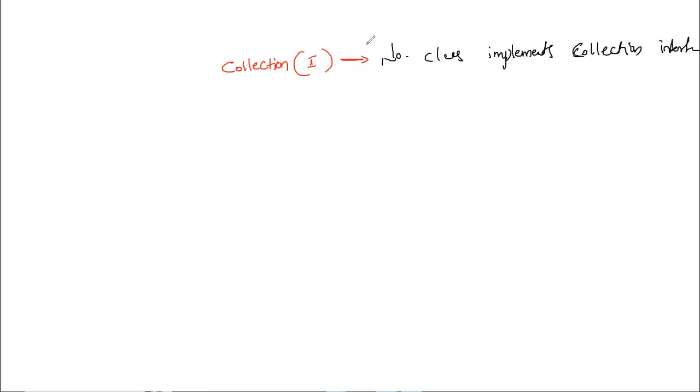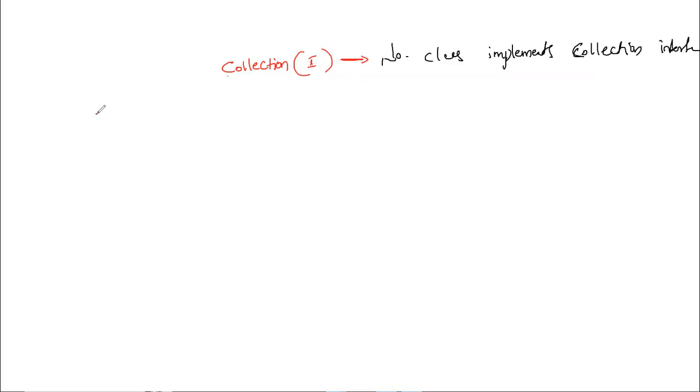Then there are some child interfaces, through which the parent collection methods also get implemented. So what are these child interfaces?